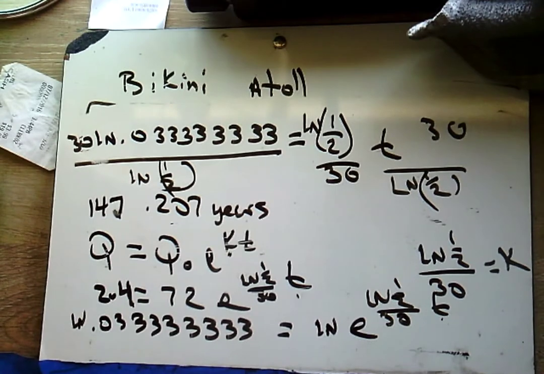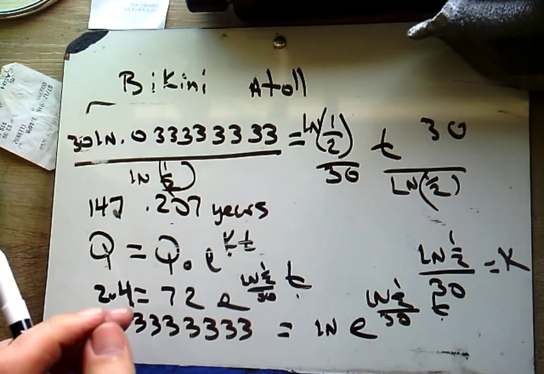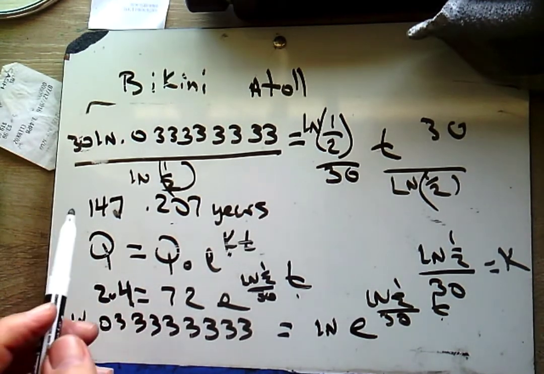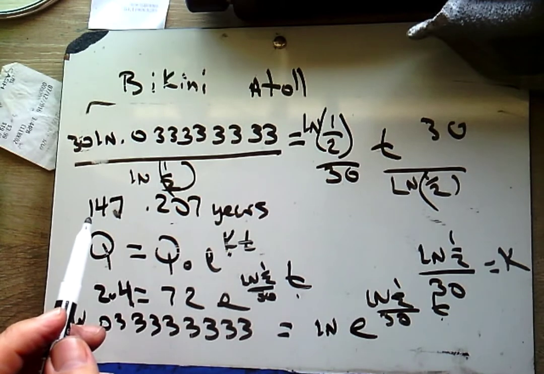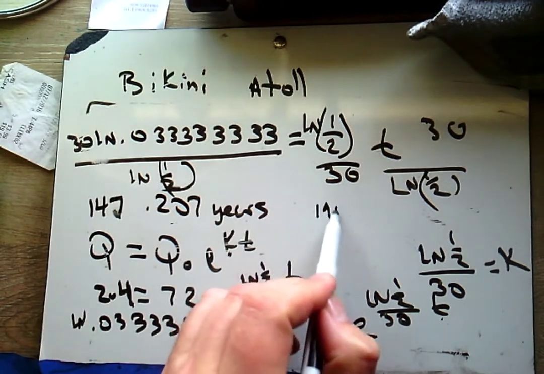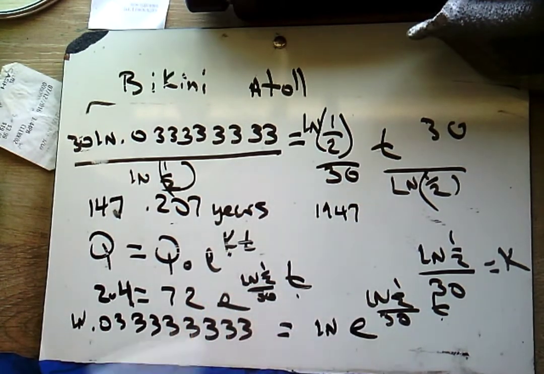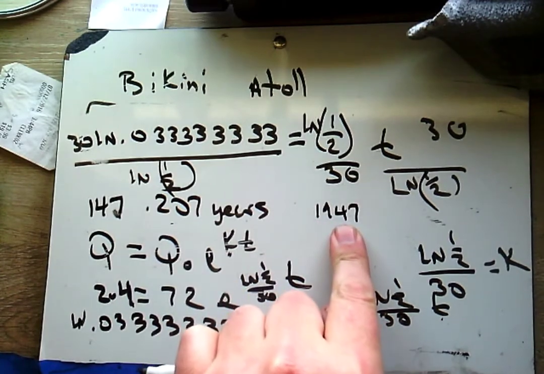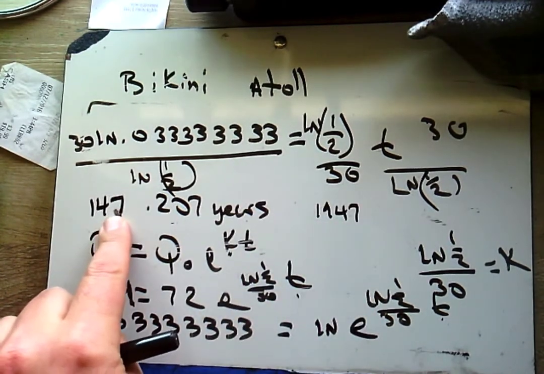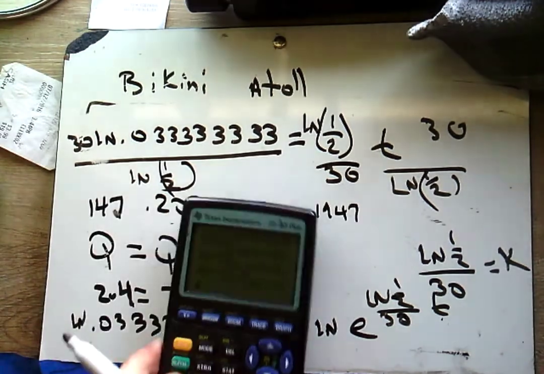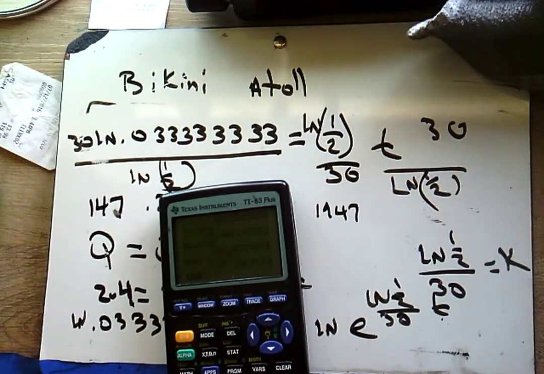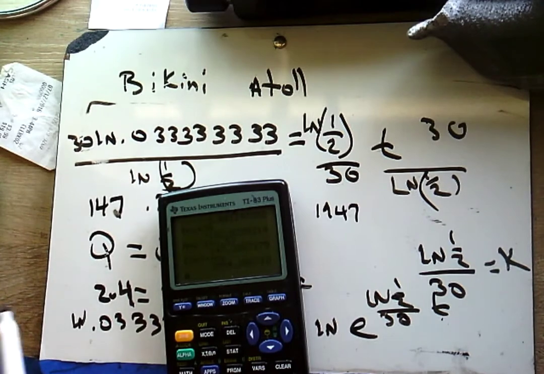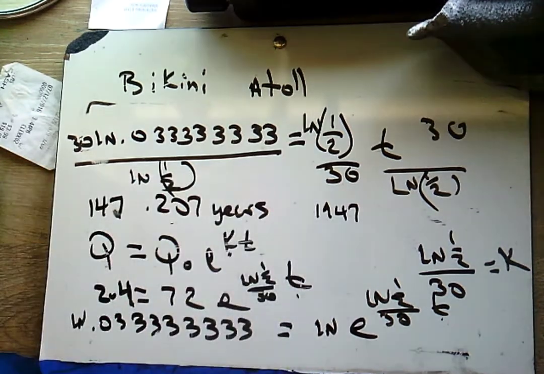Now remember, that initial amount that we had of 72 millisieverts came from 1947. So what happens if I take time equal to 0 and add this 147 years to it? 1947 plus that answer, and we're looking at 2094.